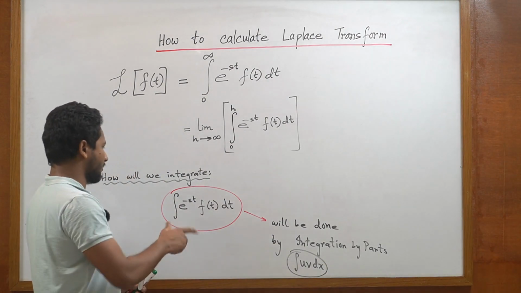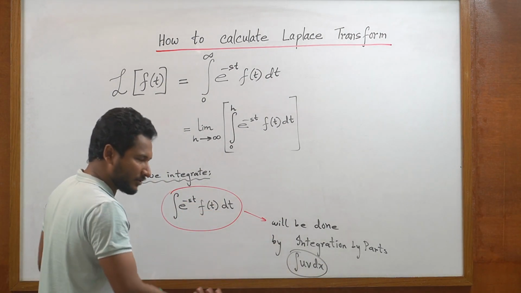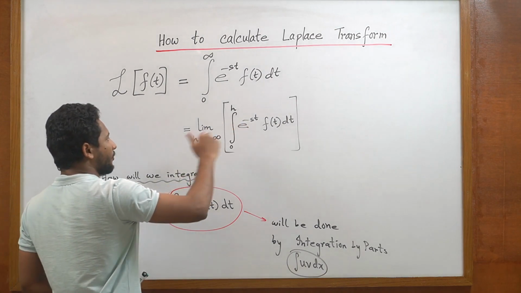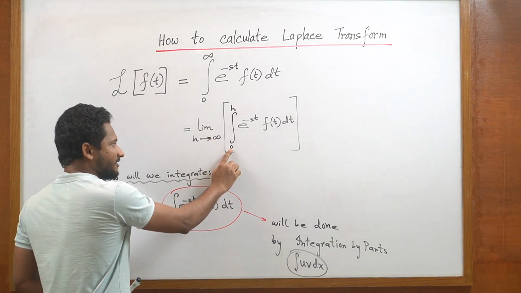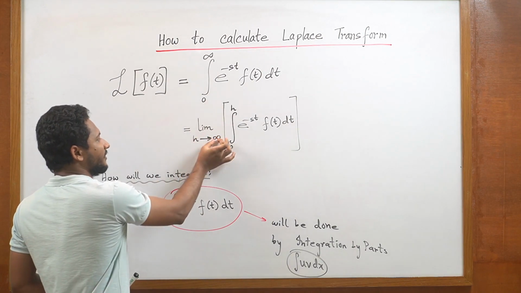So by the UV method we will integrate this. Then we will apply the limit, where the lower limit is 0 and the upper limit is infinity.